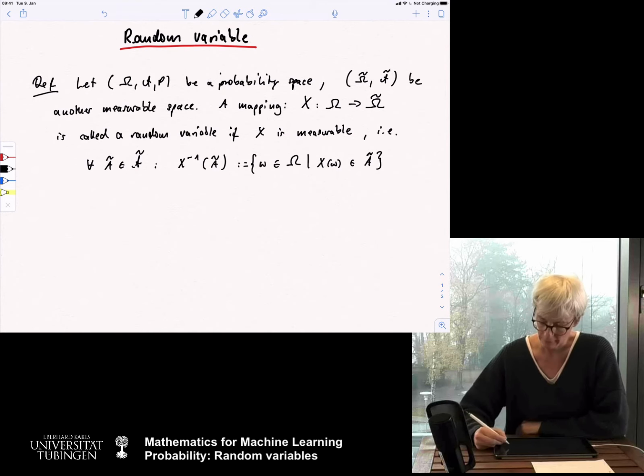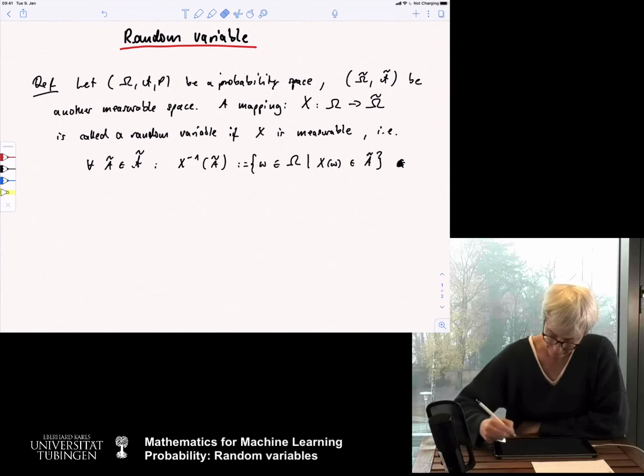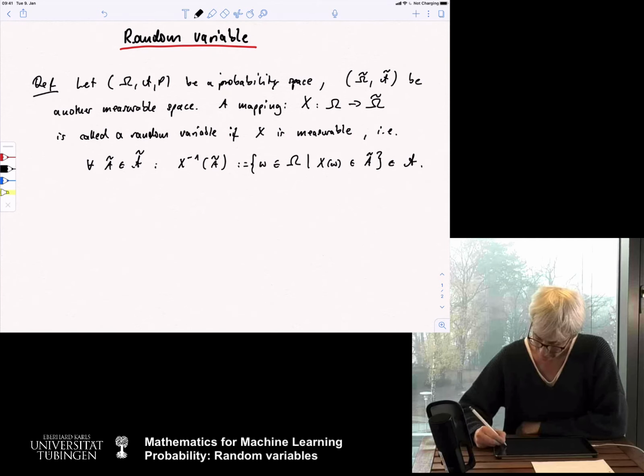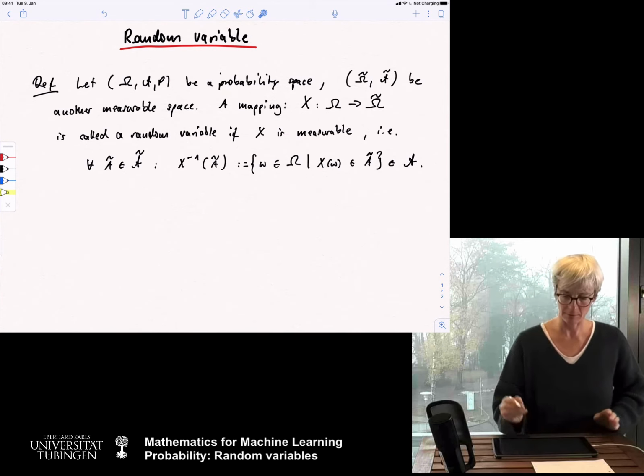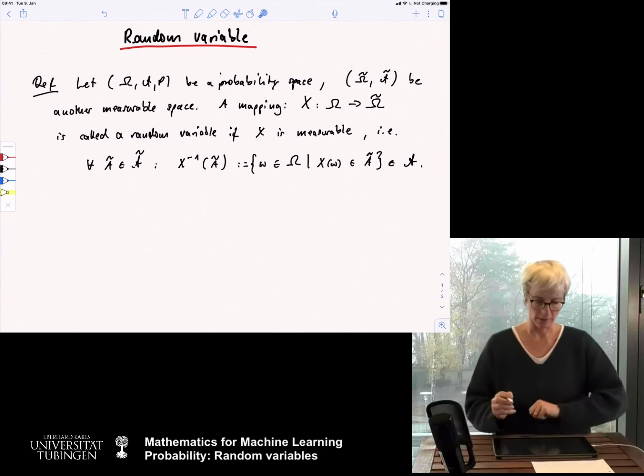This set needs to be an element of A. This is now complex. Let me try to explain many things here.